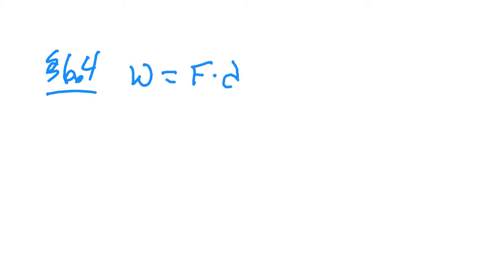We kind of glazed through chapter 6 and some of the applications, but in section 6.4, you can use that as a reference and go back and look at that. We had that work done was force times distance. That was assuming that if we were pushing something along a certain distance, taking this box and pushing it in the same direction, that was just an easy application.